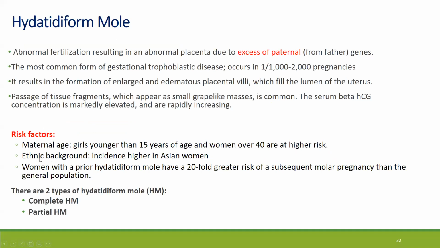Hydatidiform mole is abnormal fertilization causing an excess of paternal genes. All the genes in hydatidiform mole come from the father, none from the mother. It is the most common form of gestational trophoblastic disease, occurring in 1 in 1,000 to 2,000 pregnancies, and is very common in the Asian group.